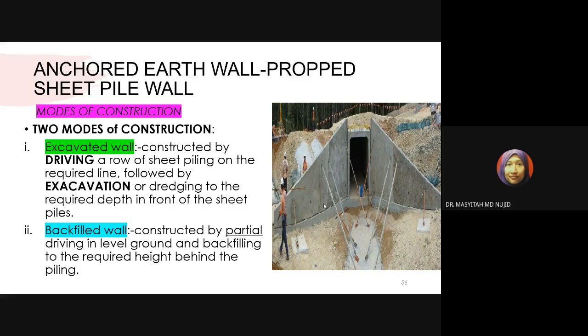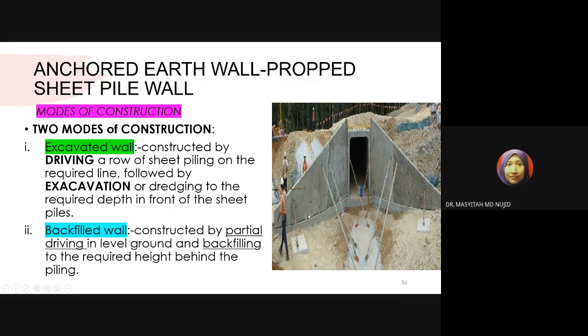There are two modes of construction for the propped sheet pile wall. The first mode is the excavation wall. It is constructed by driving a row of sheet piling on the required line, followed by excavation or dredging to the required depth in front of the sheet piles.